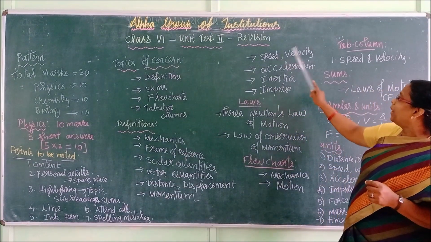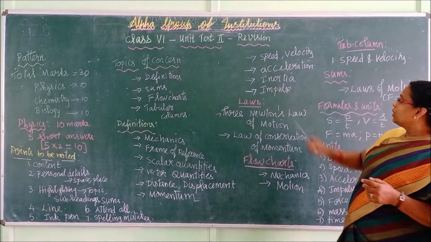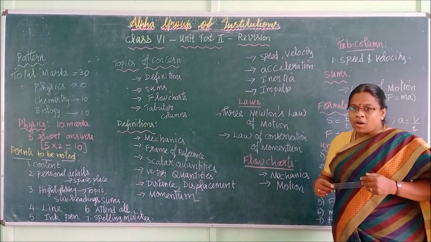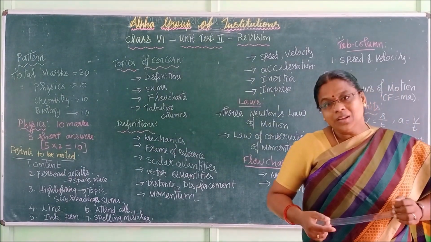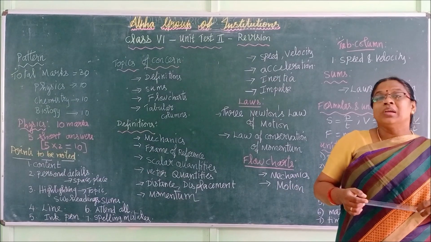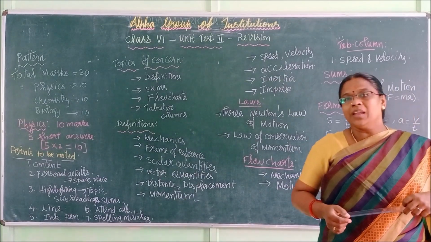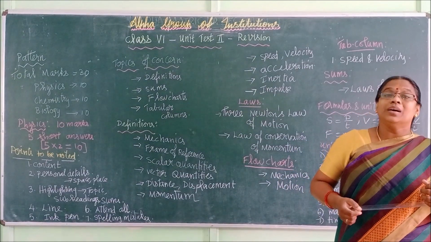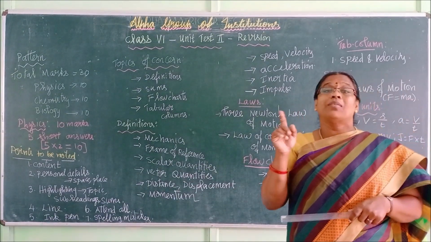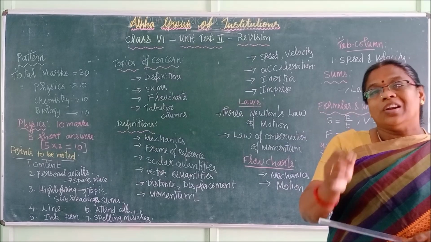Next we have speed and velocity. What is speed? Rate of change of distance is called speed. Its formula: speed is equal to distance by time. Unit is meter per second. Don't say ms power minus 1 when you say it aloud; only when you are writing can you write like that.